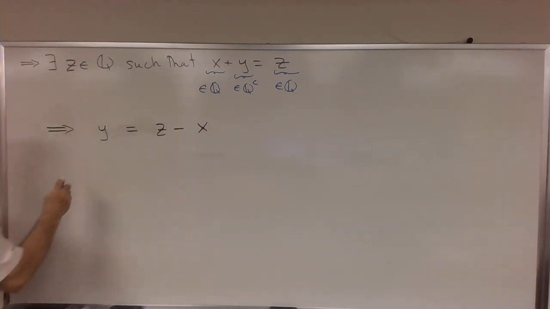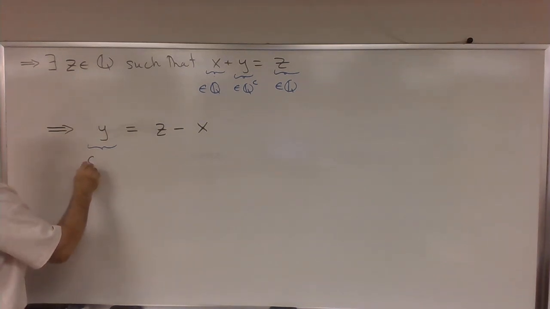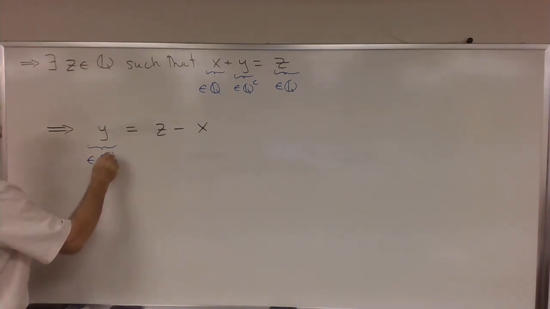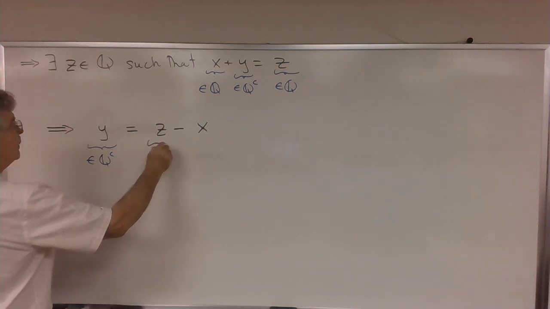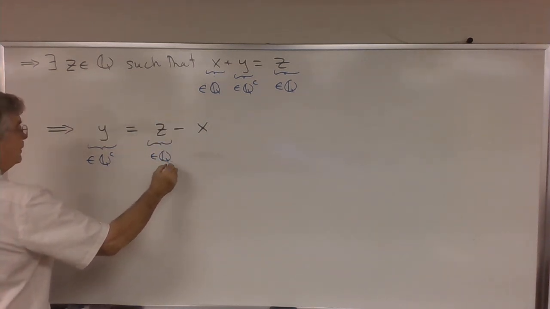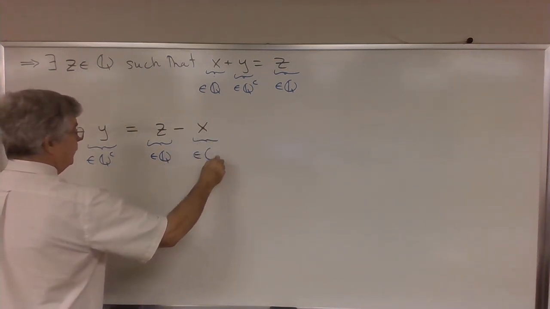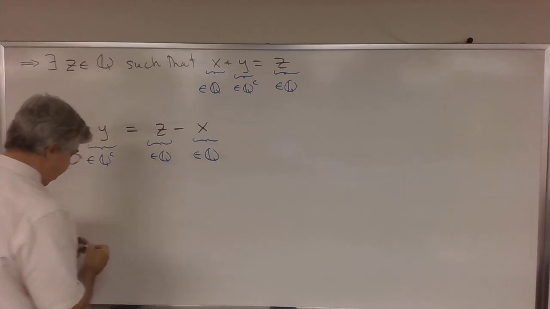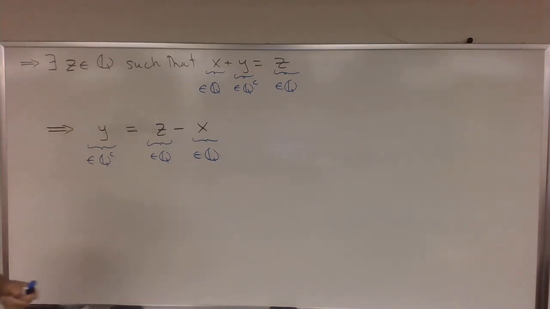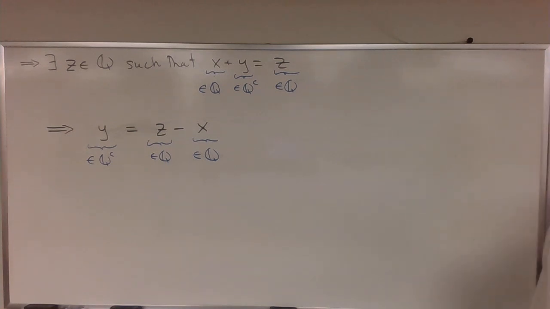And we're going to label this again. Y is an irrational number. Z is a rational number, as is x. Now, does something look wrong with this picture? Take a look at it.